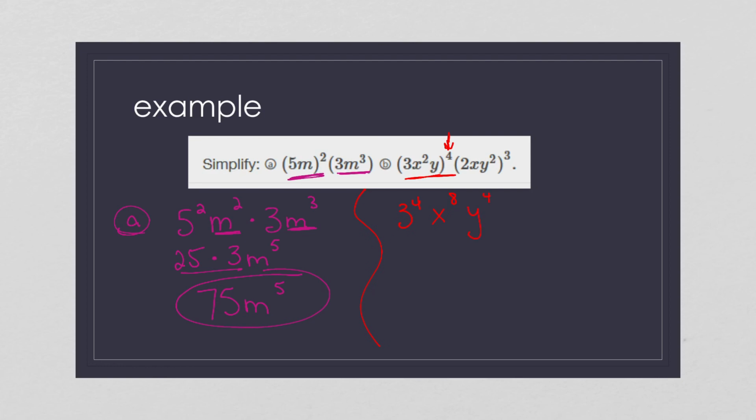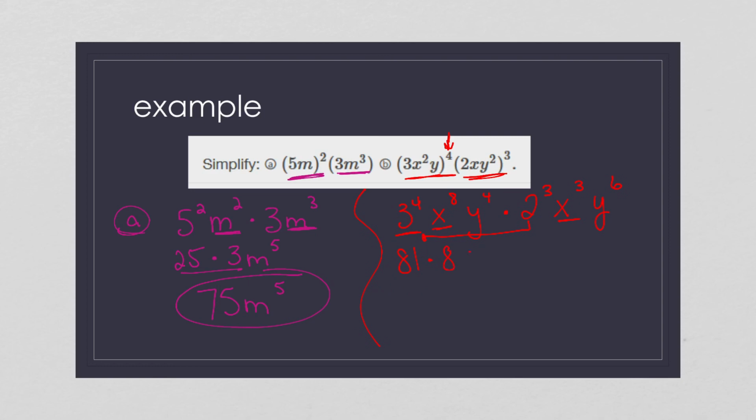Then I'm raising each of these pieces to the 3rd power, x to the 3rd, and then y to the 6th. I'm going to go ahead and do this math. 3 to the 4th power is 81. I'm going to go ahead and combine my x's. I'll move this 2 over, might as well. 2 to the 3rd power is what? It's 8. 2 times 2 times 2 is 8.